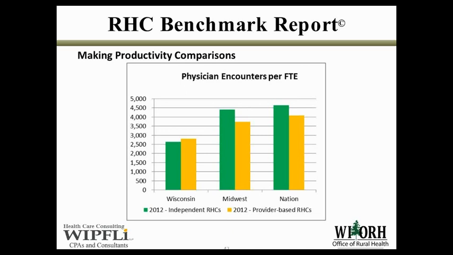Nationally, the average number of patients seen for provider-based RHCs is just over 4,000 patients per physician full-time equivalent. Independent RHCs are slightly over the 4,500 patient visits per physician full-time equivalent.